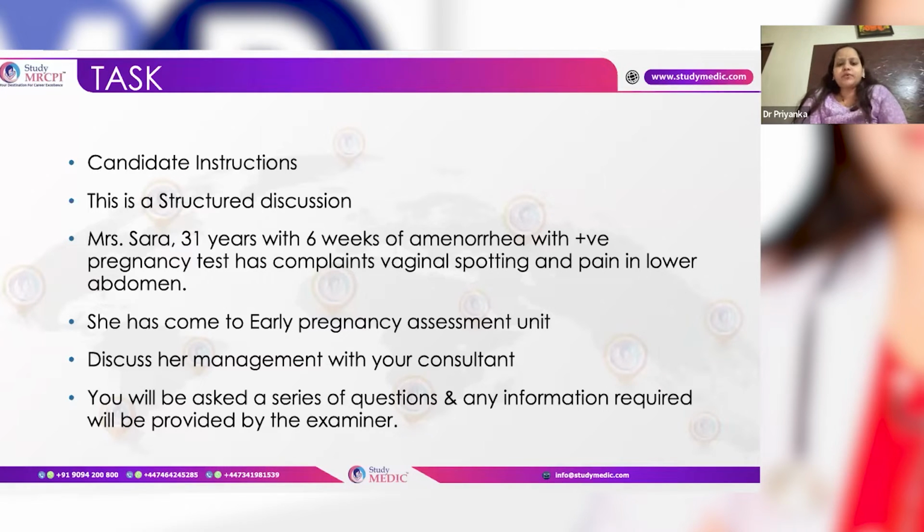Then I want to ask about the severity, duration and location of the pain, whether it is on the right side or the left side, and the provoking and relieving factors. About the vaginal spotting, I want to know if it is just spotting or heavy bleeding or passage of clots.